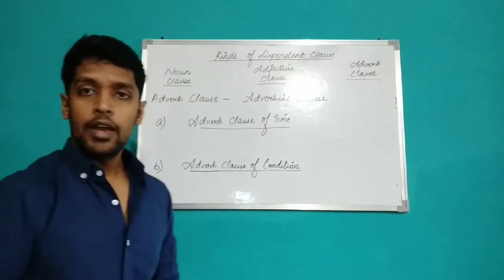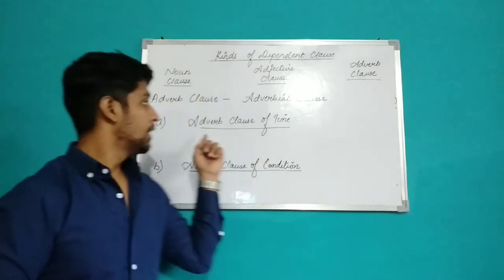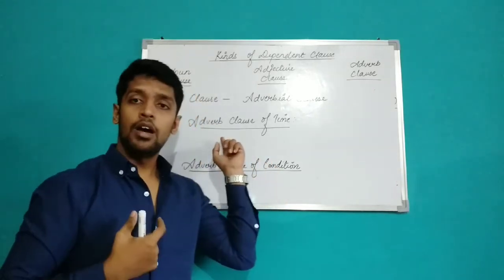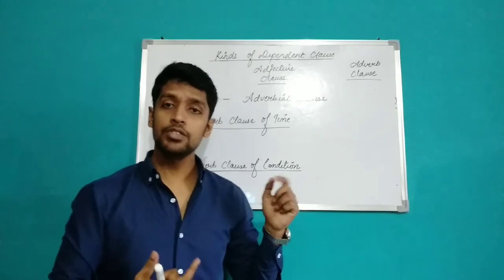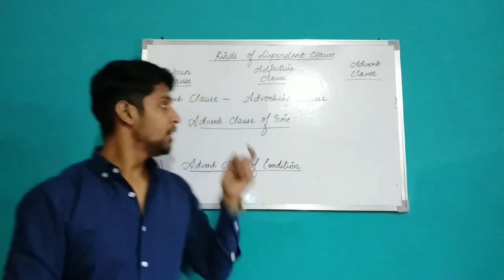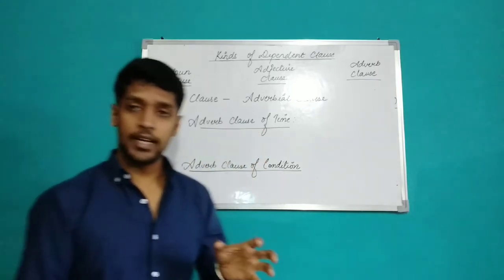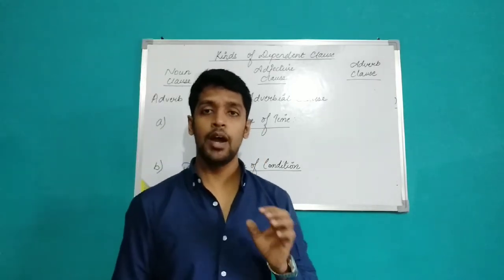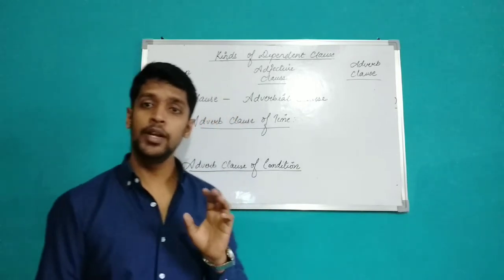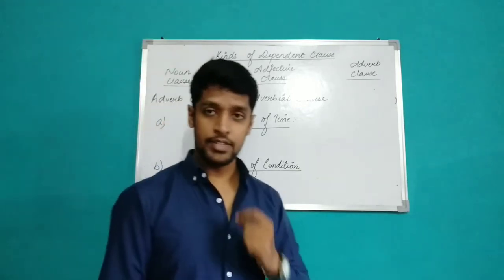In the adverb clause of time, it tells at what time the action is done. I repeat, the adverb clause of time defines the time at which the action has been done in a sentence. Let's take an example.